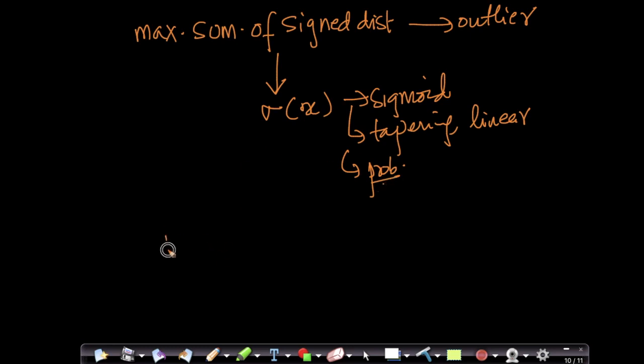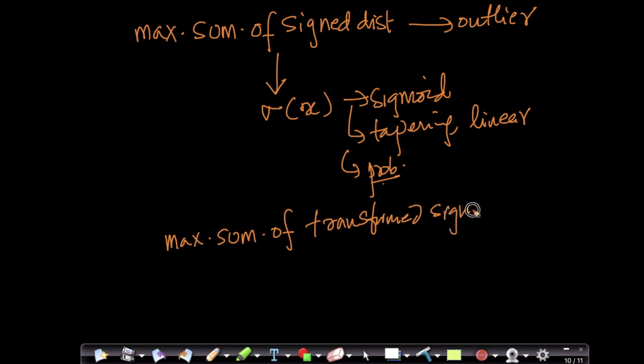So what did we do? Now we are going to maximize the sum of transformed signed distances. This transformation is using the sigma function, because it has this nice interpretation. Now what does my problem look like?